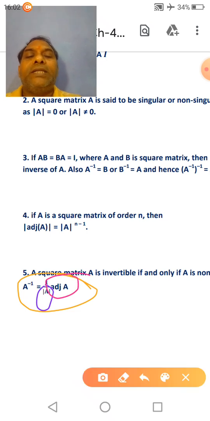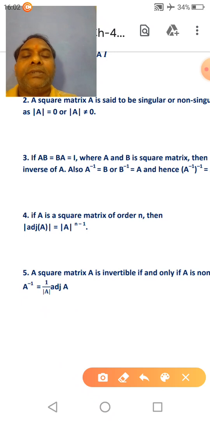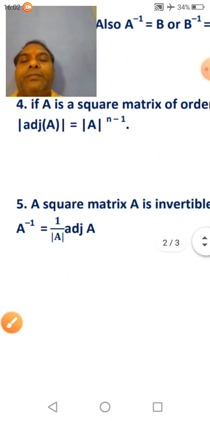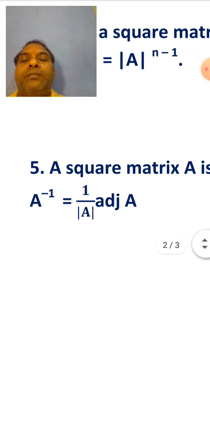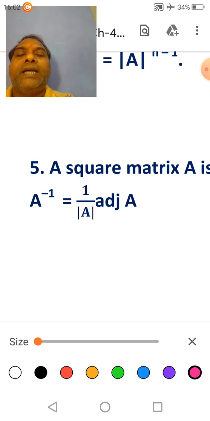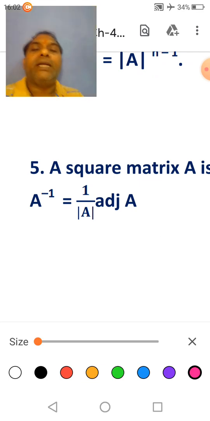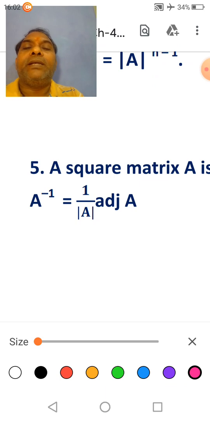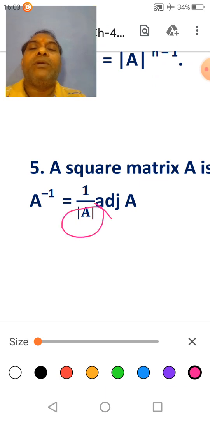In this formula, if determinant of A is equal to 0, then A inverse does not exist.